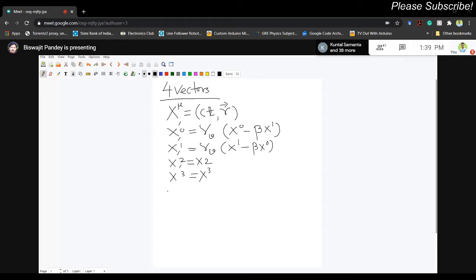Of course, there are many. One of the most important things I have already told you is that the norm, or the length, of the four vector does not change if you go from one inertial frame to another. I also told you that these Lorentz boosts or transformations are nothing but simple rotations.